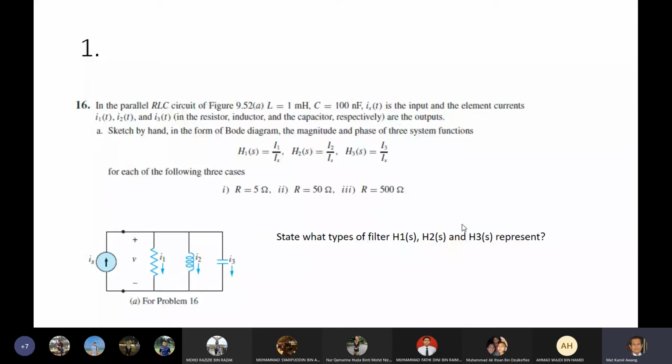So what are you going to do first? First, you need to write the transfer functions H1(s), H2(s), and H3(s). In order to do that, you need to know what is I1, I2, and I3 as a function of s.